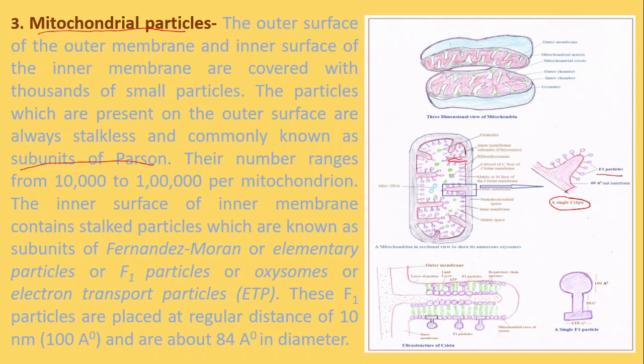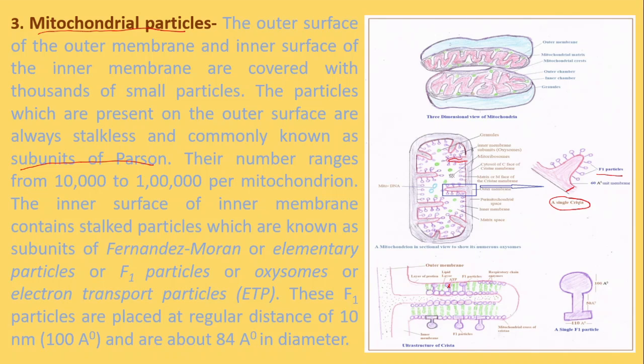Now if you see the ultrastructure of this crista, the outer surface of the outer membrane and the inner surface of the inner membrane are covered by these particles. So here you can see all these different particles.